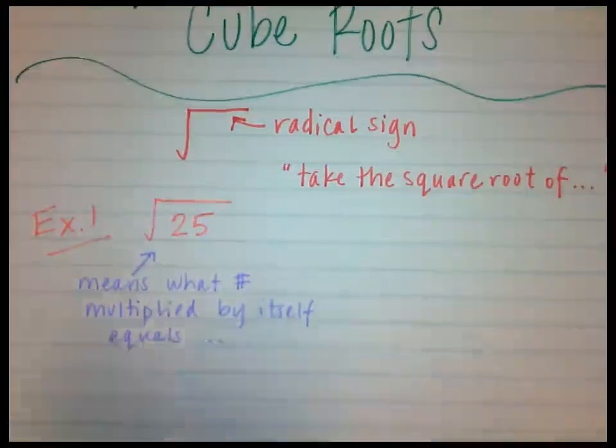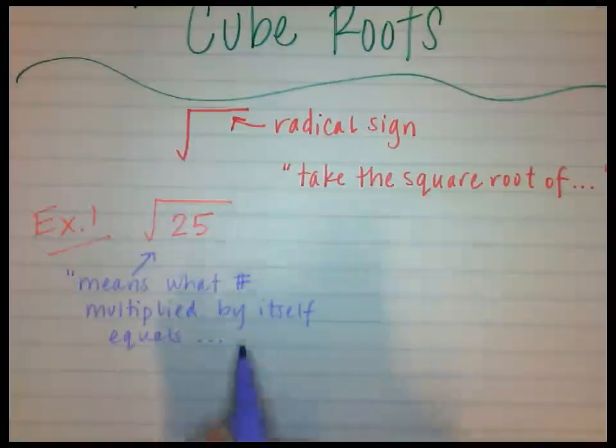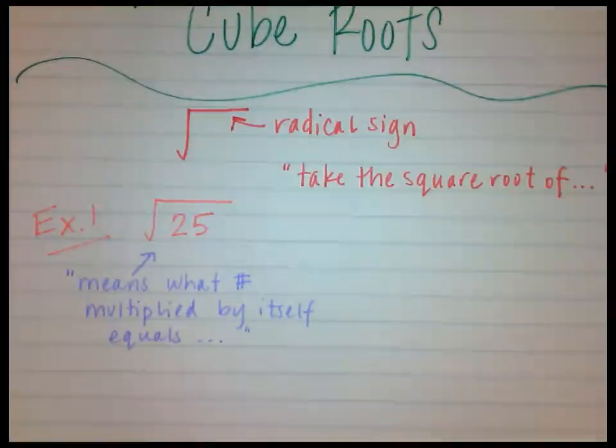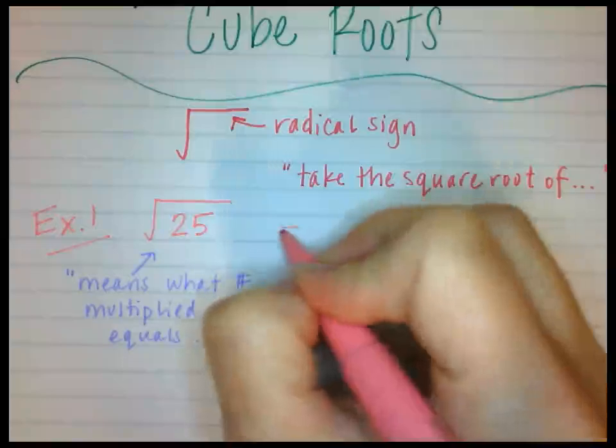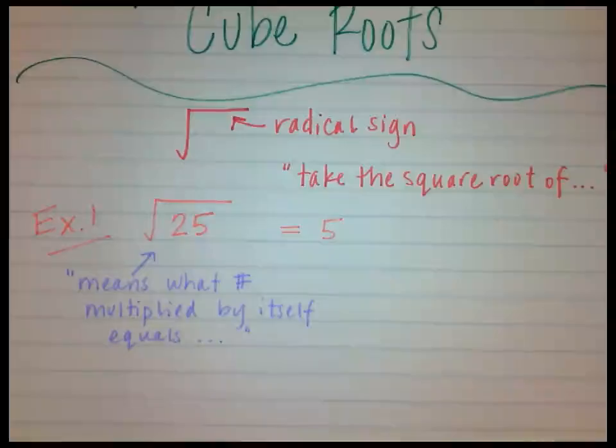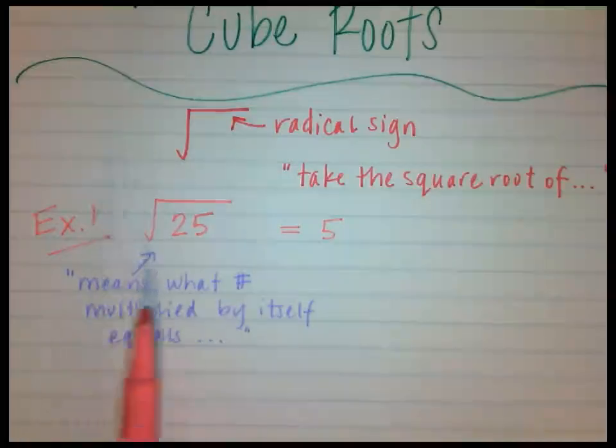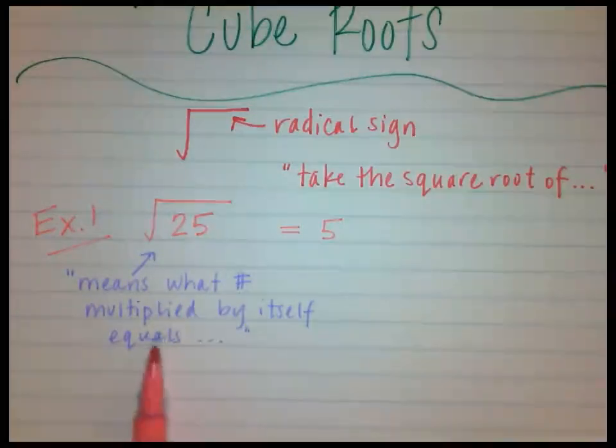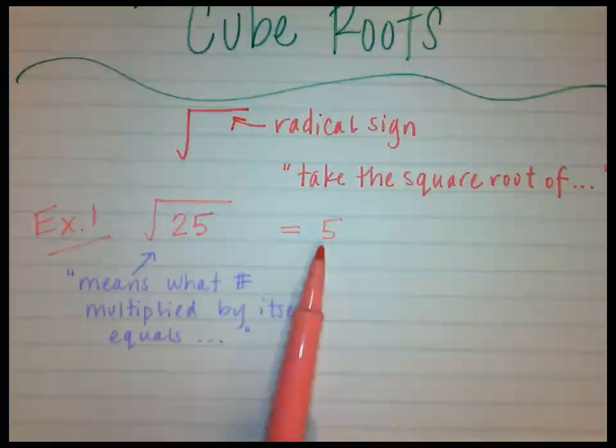In this case, it's 25. That's what a square root means. I'm sure you know that if we multiply 5 by itself, we will get 25. So, what number multiplied by itself equals 25? Well, that's 5.